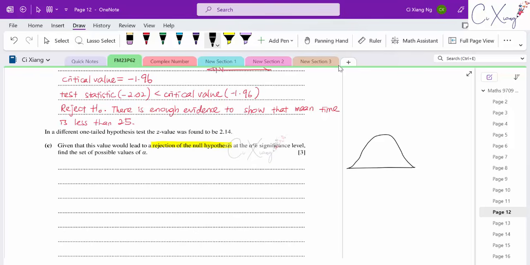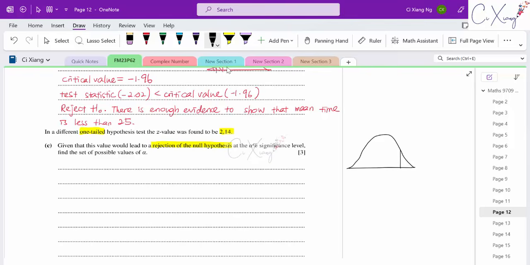Alright, so now they are saying that we are having a different one-tail hypothesis test, one tail also, and the Z value was found to be 2.14. So you can see that this value is 2.14, basically a positive value. So when you're having the positive value, that means the one-tail test, by right, will be focused on the right-hand side.